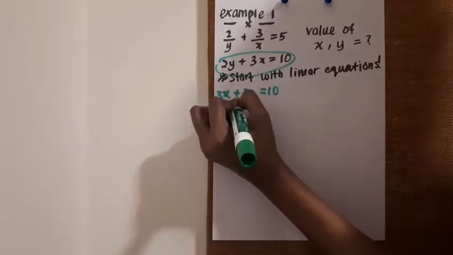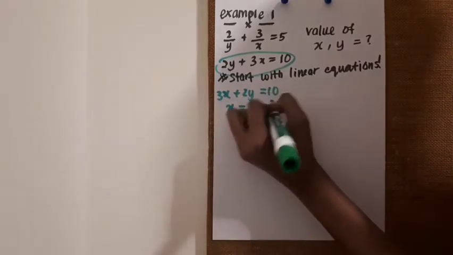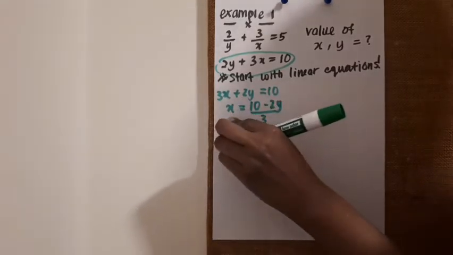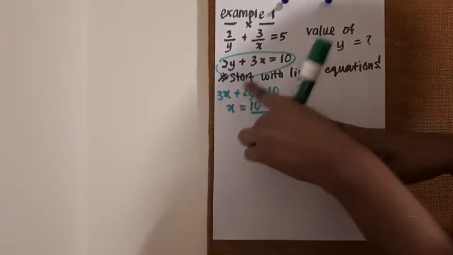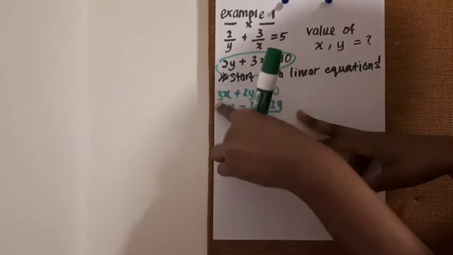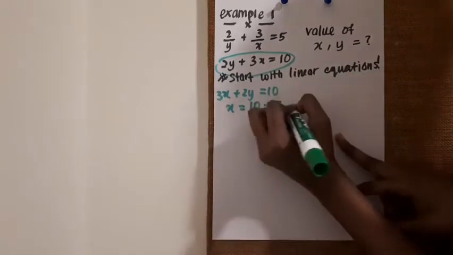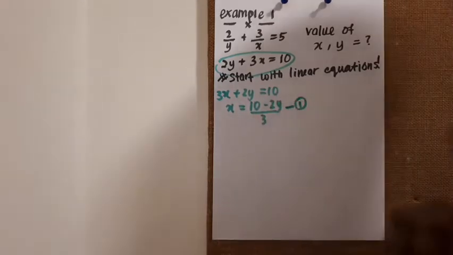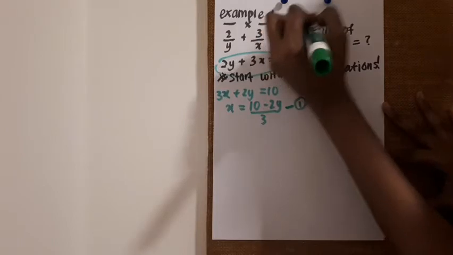So now x is going to be our subject, which means 10 minus 2y over 3 is equals to x. How? I brought the 2y here, so the positive becomes negative, and I brought the times 3 here, it becomes the division. So this is our first equation. And this is going to be our second equation.